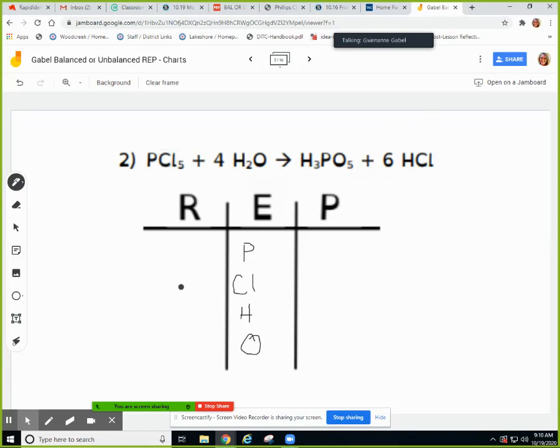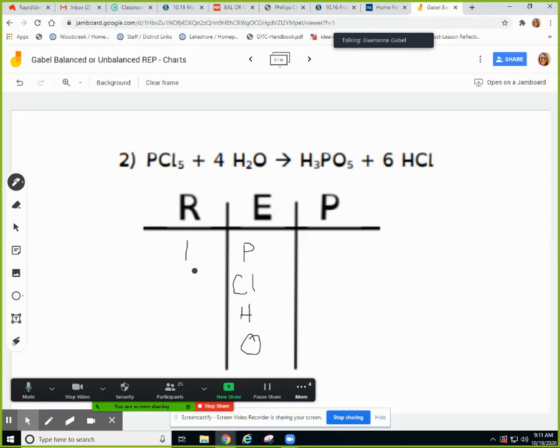Okay, so I'm going to count the atoms on my reactant side. I have no coefficient and no subscript for P, so that means I have 1 atom. My subscript for chlorine is 5, telling me there are 5 atoms.